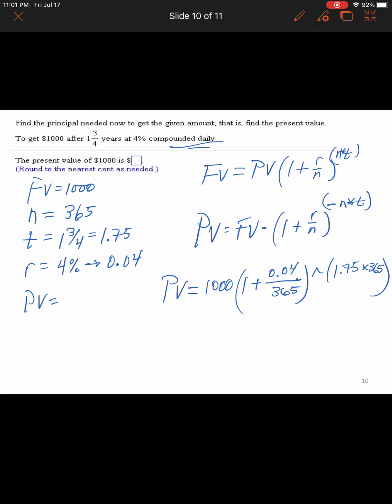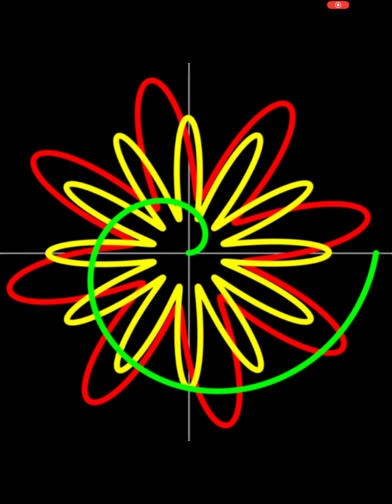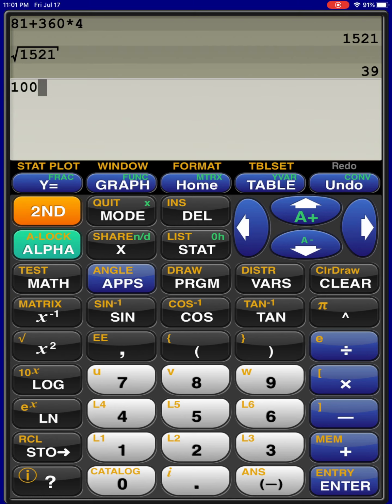Put that in your calculator and you get the magic number. I'll throw it in the calculator just so you can verify. We said 1,000 times 1 plus 0.04 divided by 365 raised to the negative 1.75 times 365.